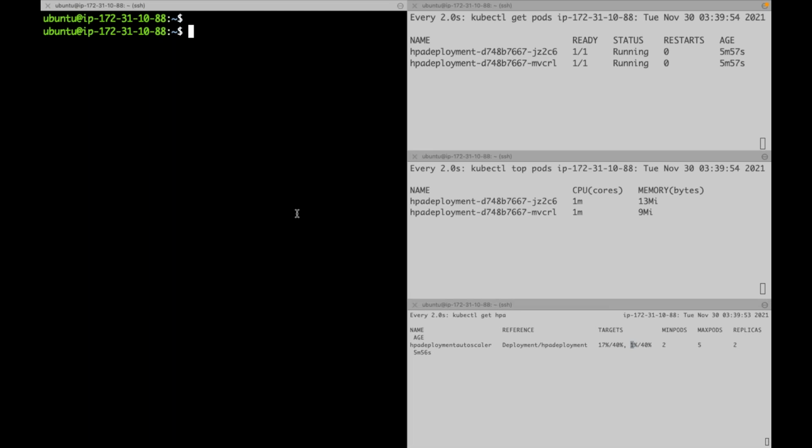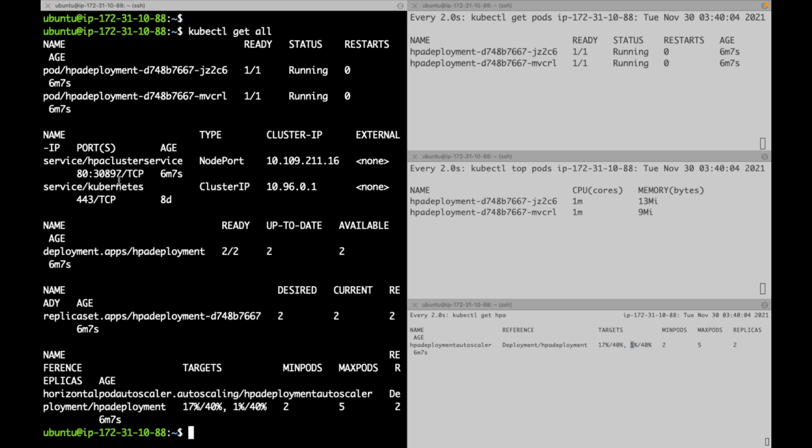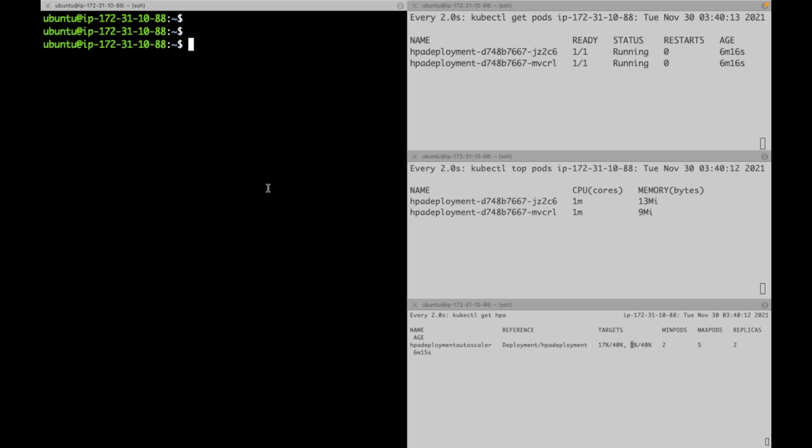Now let me create some temporary pod here. Using this service name, will I be able to access within the cluster? I'm going to create some temporary pod. I'm going to use this service name.